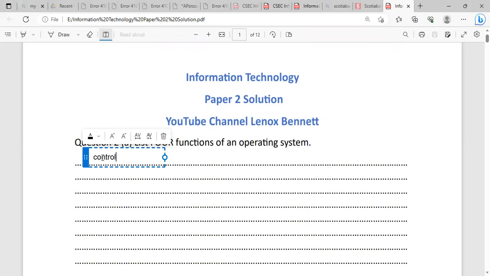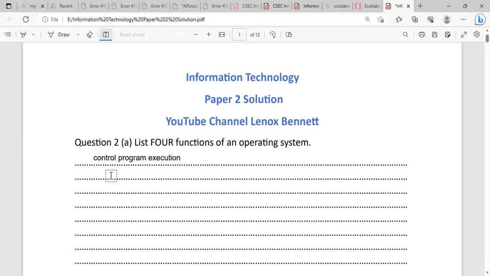So guys, go to the comment section and see if everyone has that, or if you have a different answer. So it controls the program execution. That's 1 function of the operating system.